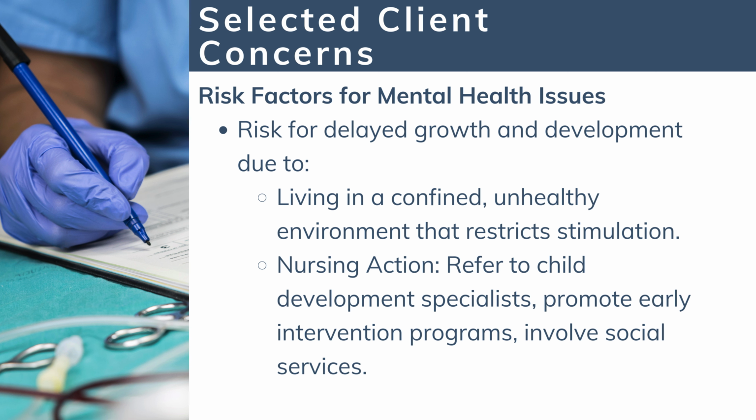We can refer the client to pediatric developmental specialists and promote early intervention programs to support cognitive and emotional growth. Early identification of risk factors allows for preventive interventions and better health outcomes.